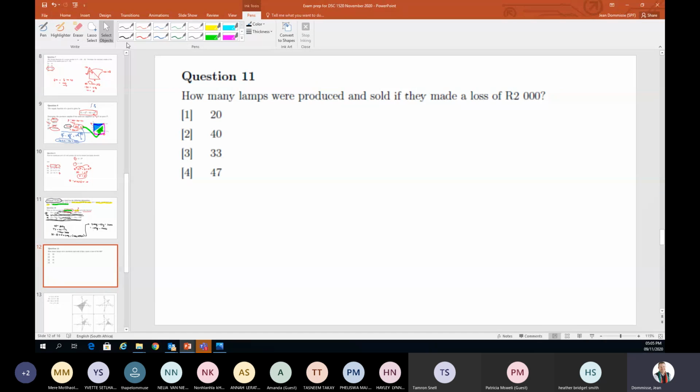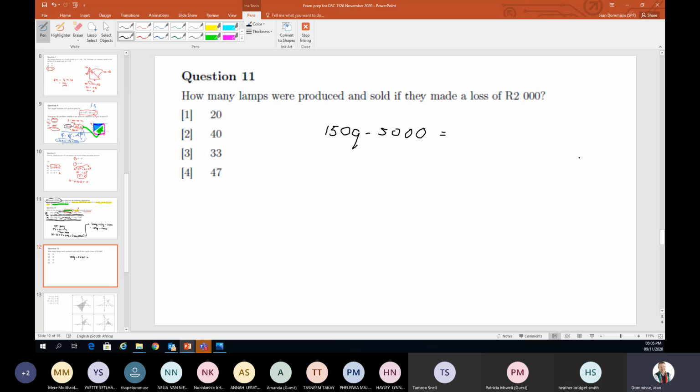It is 150Q minus 5,000. So now we need to say a profit is a loss of 2,000. So this formula equal to something will give me the answer.